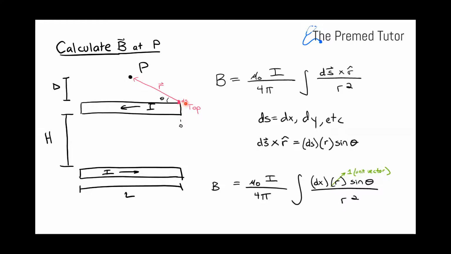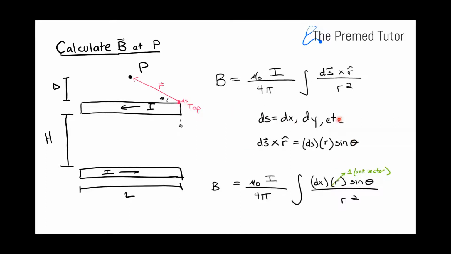My ds has the same direction as my I in this wire, so it's pointing this way. Therefore, this is theta. This is the angle between them. And remember, guys, for any cross product or dot product, the angle theta you want to consider is when those two vectors have their tails touching each other, as seen in this diagram. That's your theta.